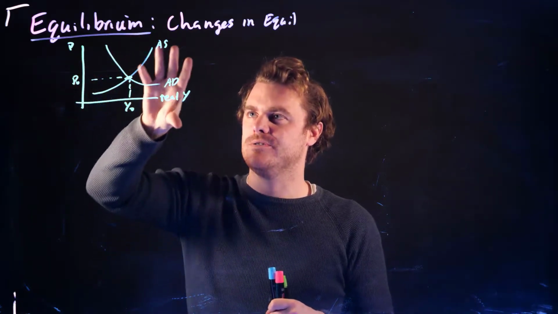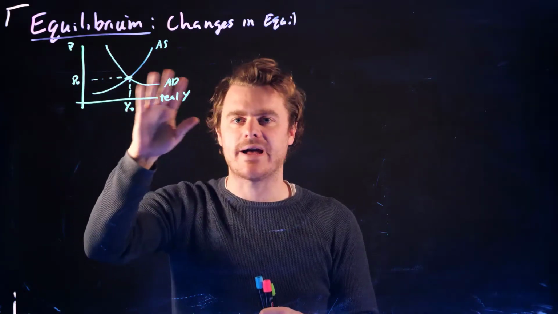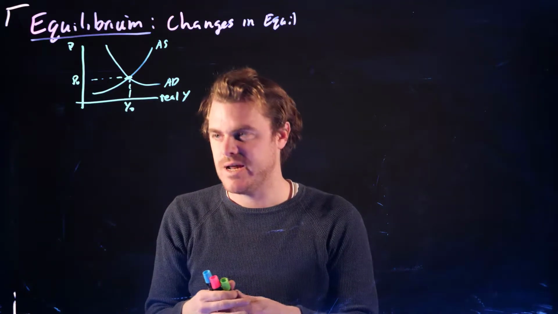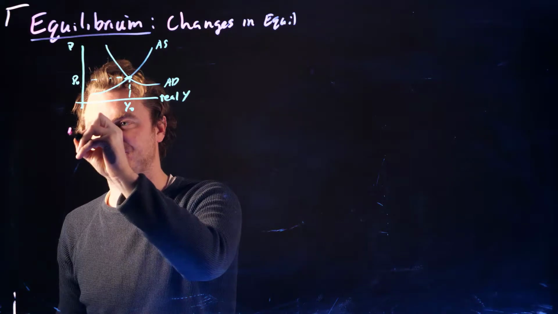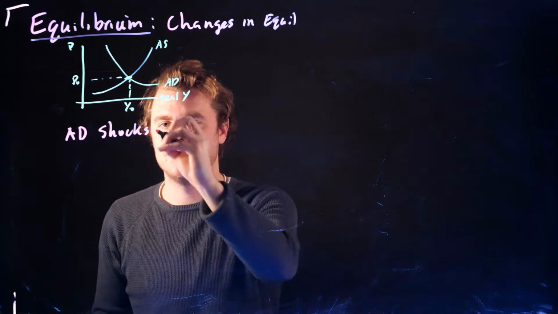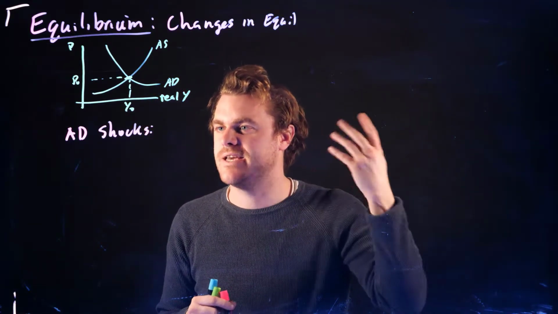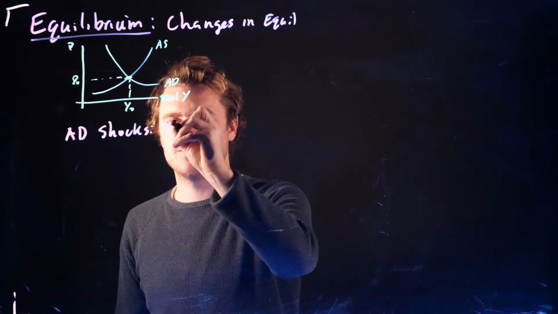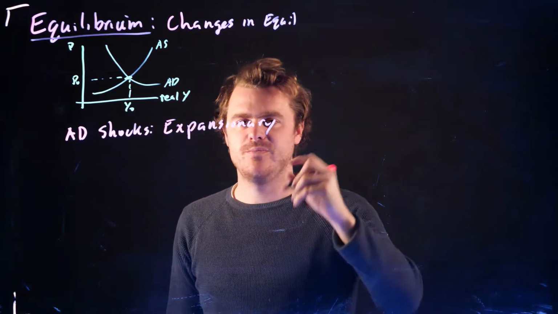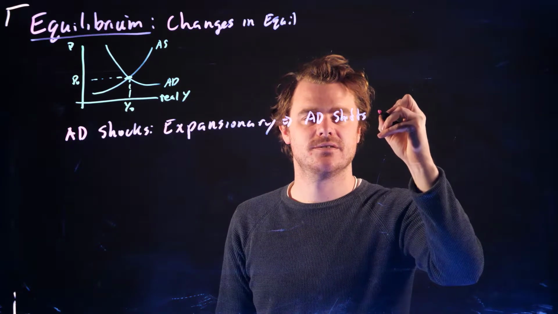We categorize these shocks in a certain way based on their direction, and in particular their effect on Y. So for AD shocks, shocks just mean some kind of shift, because something is changing in the system and moving us around. That's why I say shocks. They can be expansionary, and by expansionary, this would mean AD shifts right.